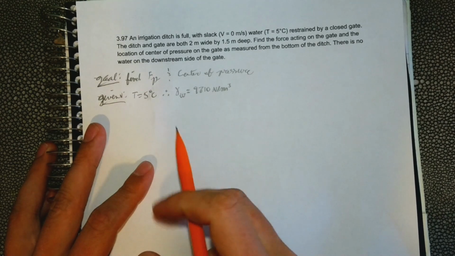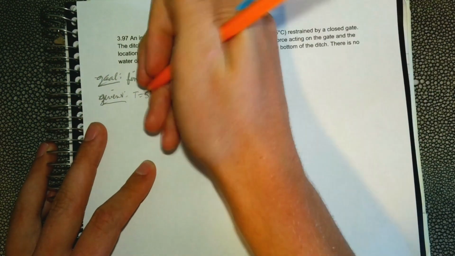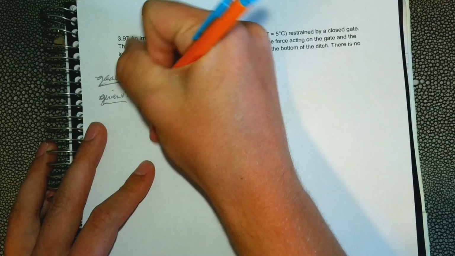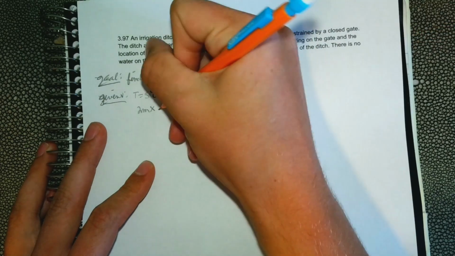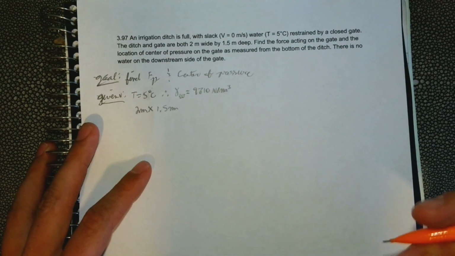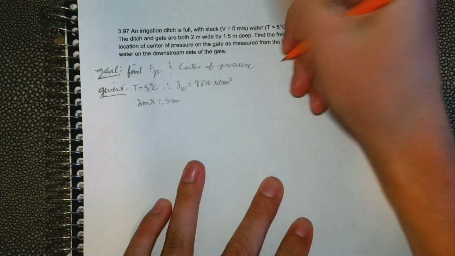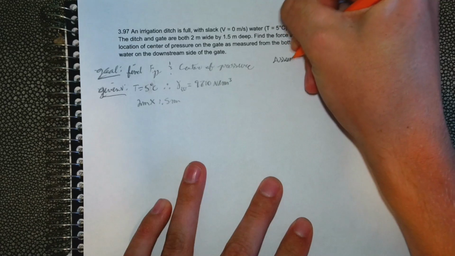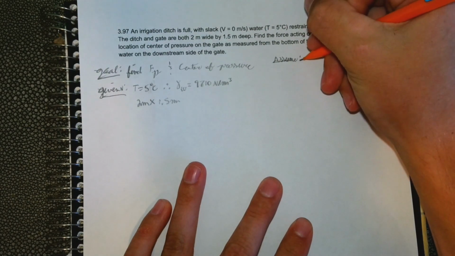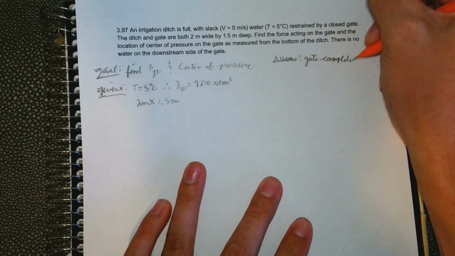Velocity is 0 meters per second, we don't need to write that. The ditch, where the water is, and the gate are 2 meters by 1.5 meters. Okay, and then that's all we need. And then we're going to assume, since they don't really give us a clear statement, that this gate is completely upright, so 90 degrees.